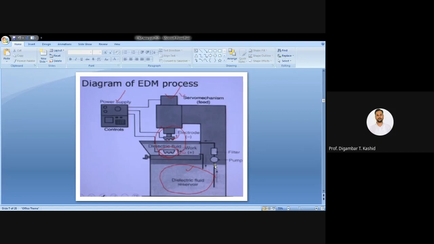Once again I am repeating, are you getting the concept of EDM or not? Say yes or no in the chat box. Because the entire yesterday's lecture we invested in the explanation of the working principle, how the spark is generated, which we have seen.